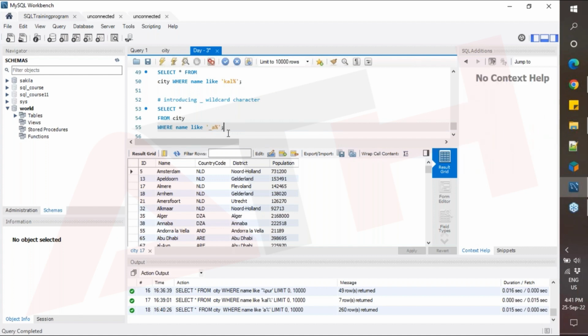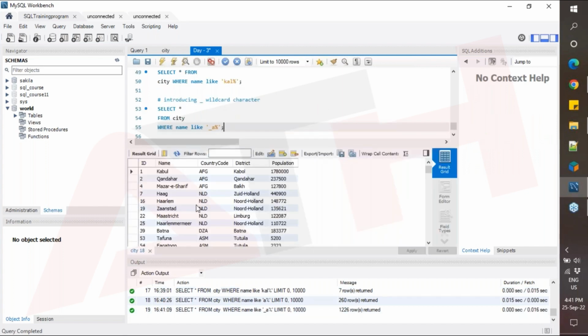So if you execute this particular query, now you can see the output. You can see my first letter is anything: K, Q, M, H, Z, M, H, B. But the condition here is for the second letter. The second letter should always be A. Why?